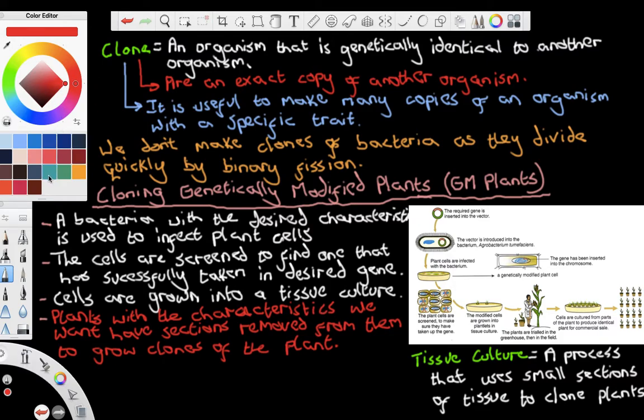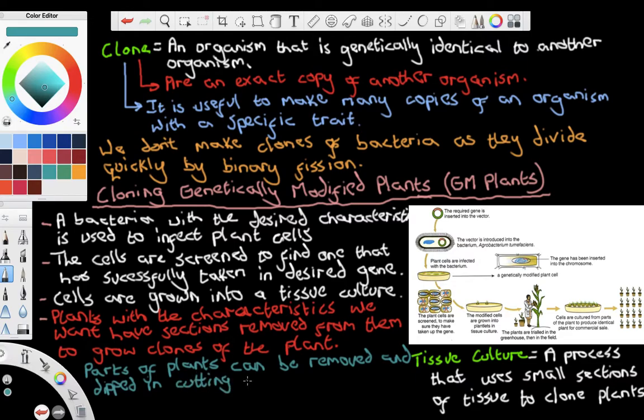Okay? So we can say that parts of the plant can be removed and dipped in cutting powder to encourage the growth of new roots and thus a new plant.